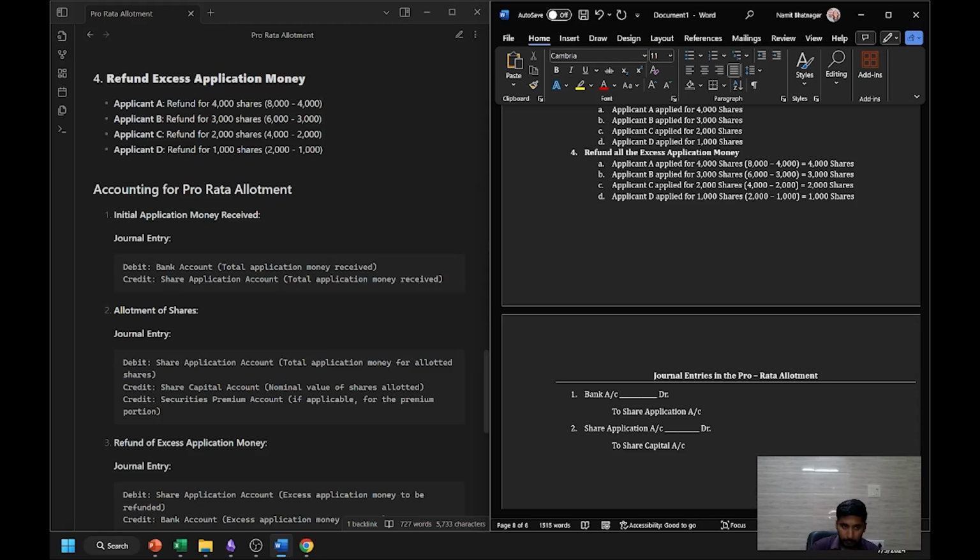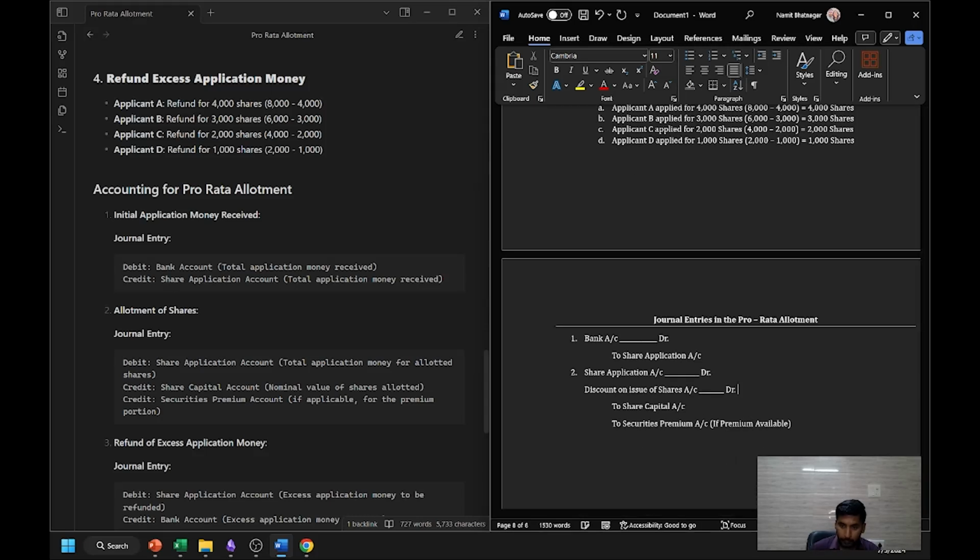If there is premium, it will be credit to securities premium account if premium is available. And if there is discount, then discount on issue of shares account debit, if discount is available. We have read that if there is discount it will be debit, and if there is securities premium it will be credit.